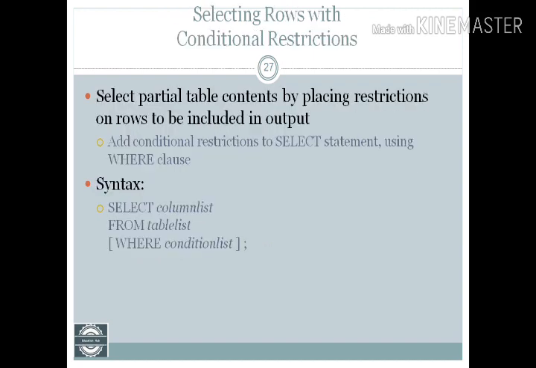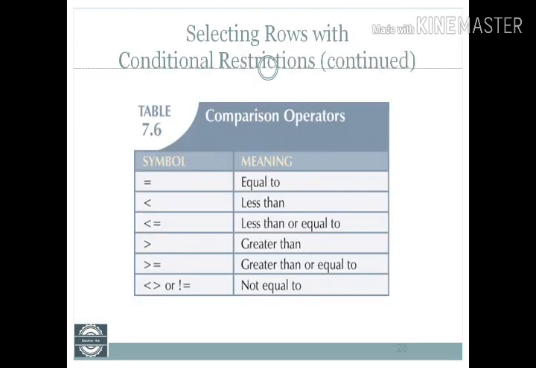Now with a conditional restriction, if I have to select, the syntax will be this way: select column list from table list where condition list. That means if the condition is satisfied, those values from that table will be selected.